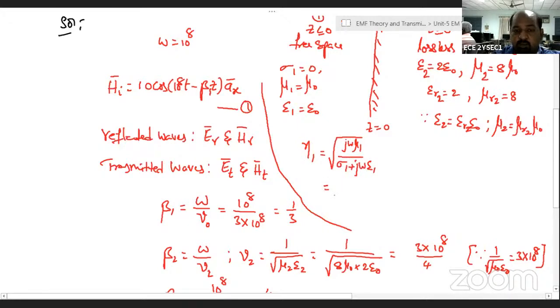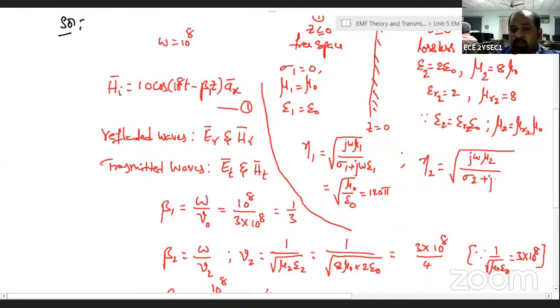So this is equal to root of mu naught by epsilon naught, which is equal to 125. And similarly eta 2 is equal to root of (j omega mu 2 divided by (sigma 2 plus j omega epsilon 2)).